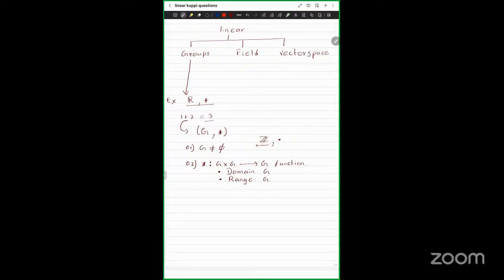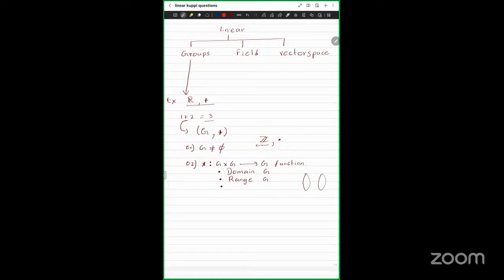For example, with real numbers, 1 plus 2, if we add any real numbers, we get a real number as output. So the domain should be in this set G, and the range should also be in the same G, and there can't be one-to-many relations.